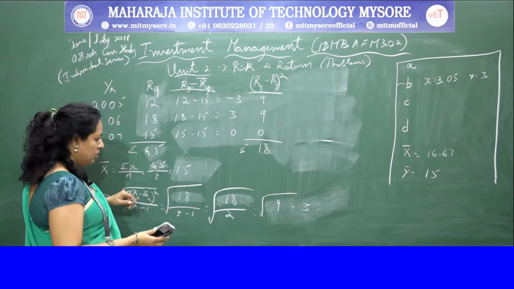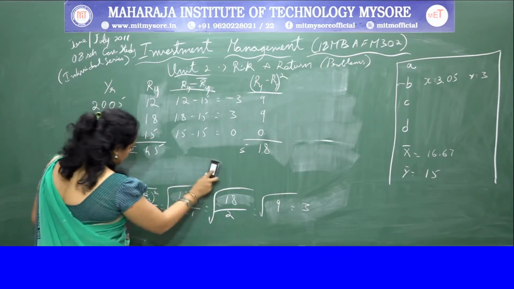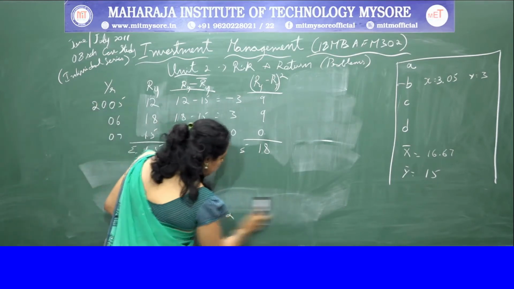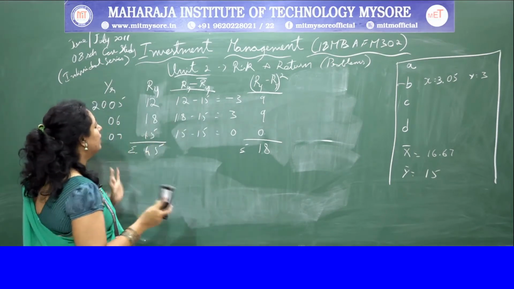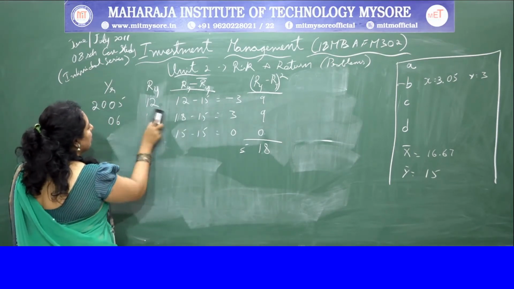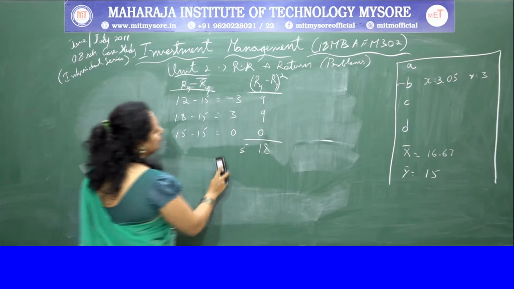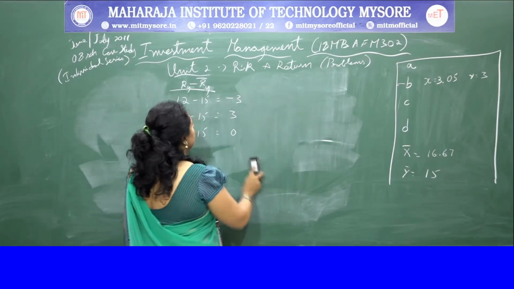Now I'll rub this for further calculations. We need this column, so I'll just rub here. The columns which we don't want, we'll just rub.